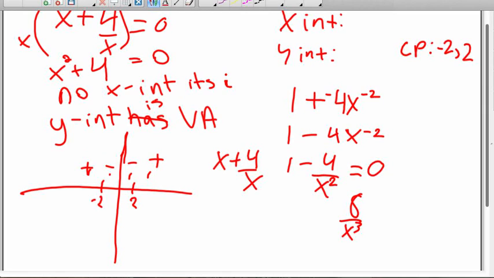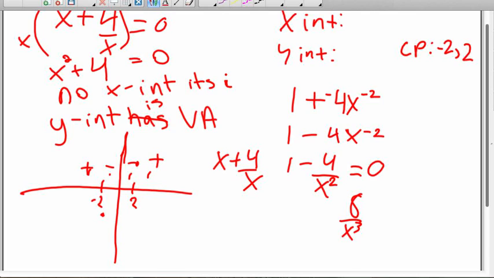We plug in 2 and negative 2. 2 plus 2 is 4, so that point is 4. And for negative 2, negative 2 minus 2 is negative 4, so it's going to be down here.